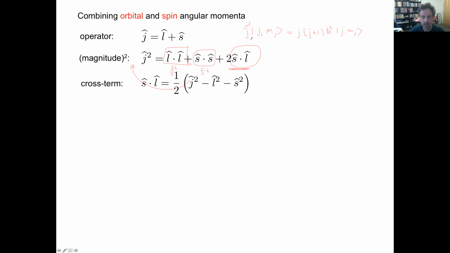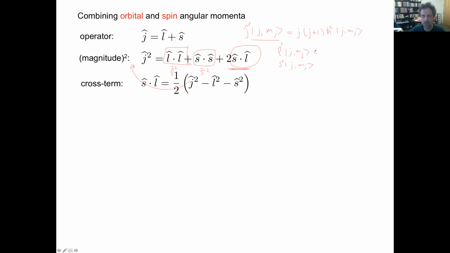So these are the eigenstates of this operator J squared. What happens if L squared is operating on J, Mj, or if S squared is operating on J, Mj?